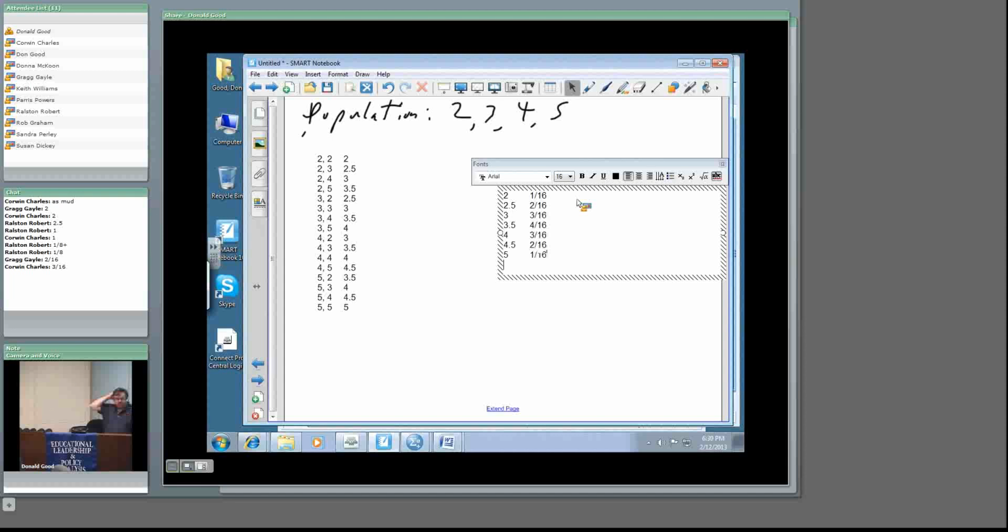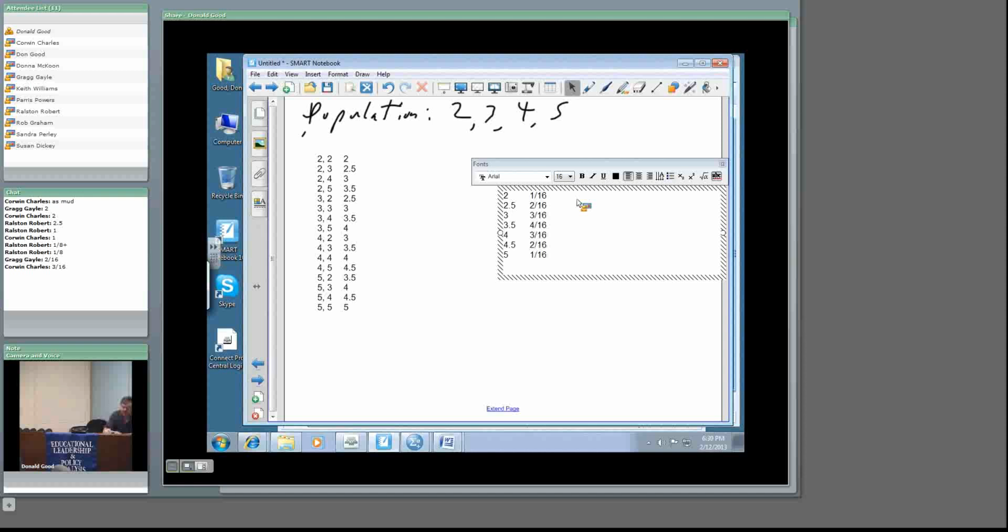Okay. Now, my initial population: 2, 3, 4, and 5. Do you see any pattern to that, other than they're just kind of sequential? If you were to graph those, there's only 4 points. You're not going to get much of a graph out of that.